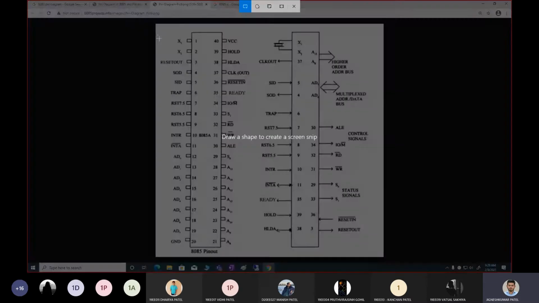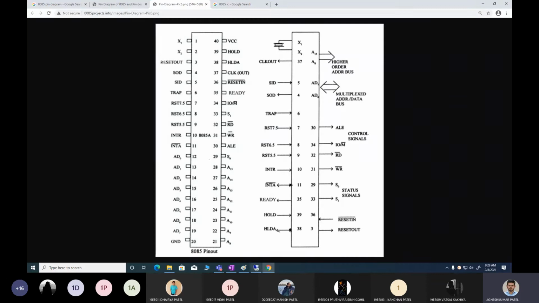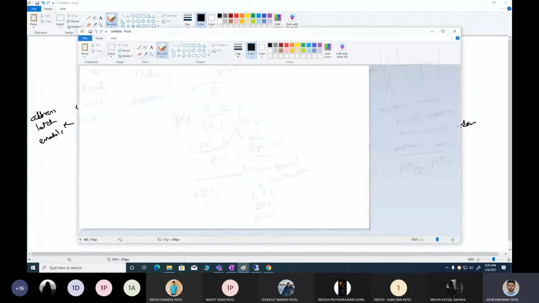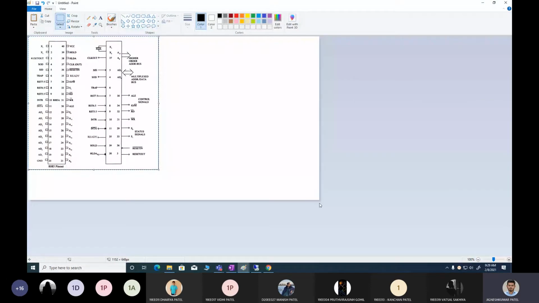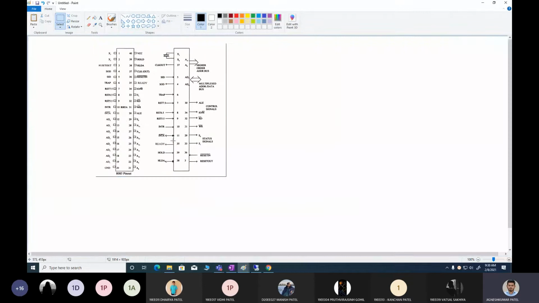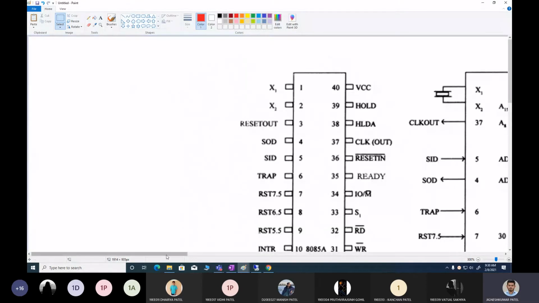Let me snip it out and take it in the picture itself.